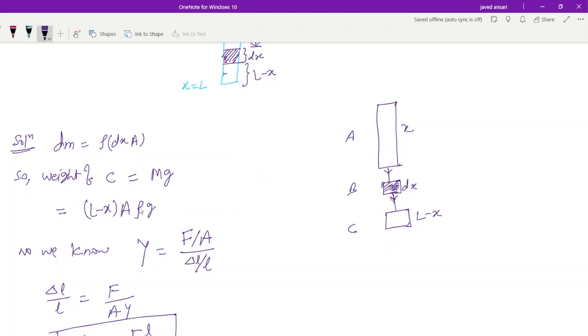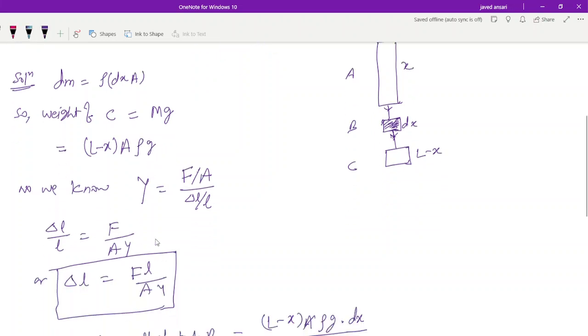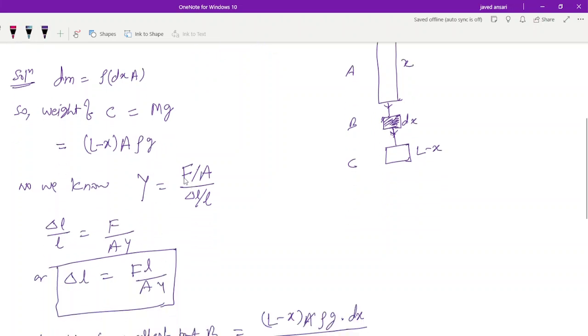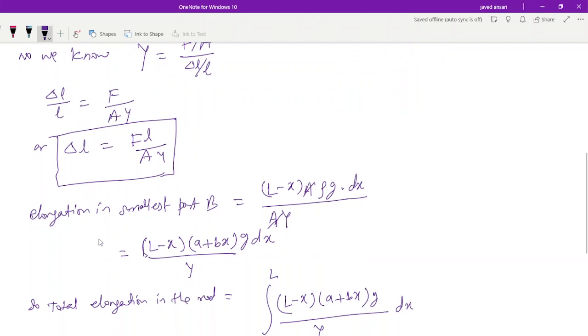So we just found out the weight. Weight is mass times gravity, and mass is L minus x length into cross section area A, and then mass is volume into density rho g, and then we know the formula y equal to stress by strain. So from this we found out the elongation.